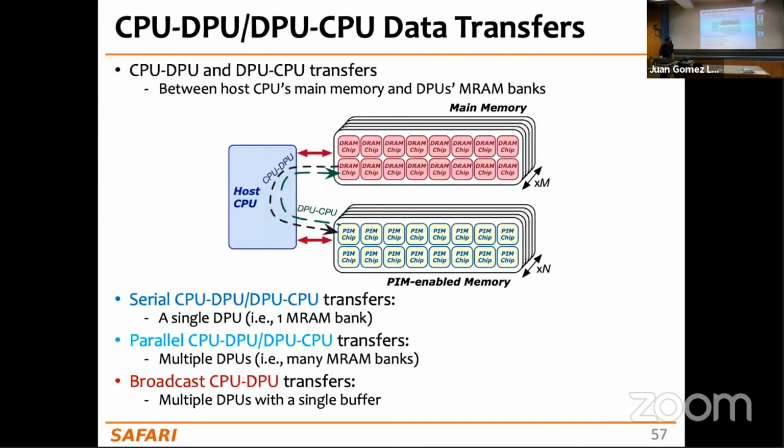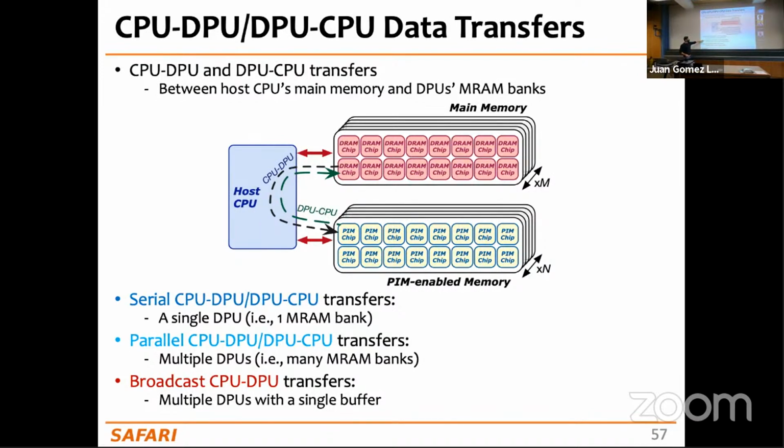And so you may be asking yourself, okay, so these are serial, these are parallel, these are broadcast. So let's try to use these ones, right? Because we should expect higher bandwidth from them. Whenever we need to communicate from the main memory to the PIM-enabled memory, let's try to use these ones. But it's not always possible. Why is that?